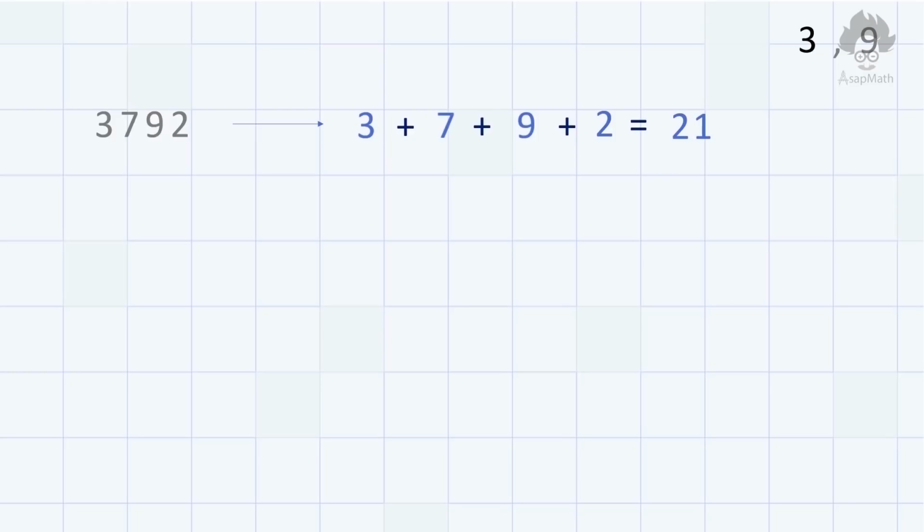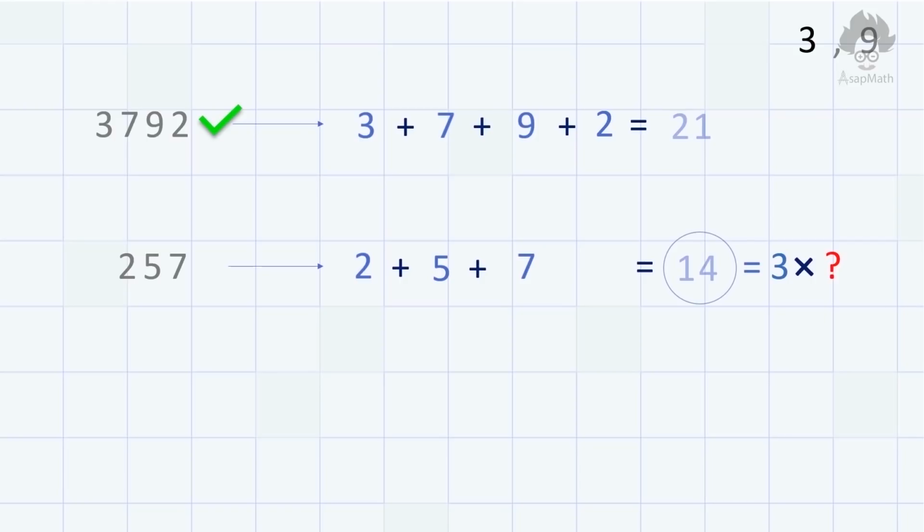Now we have to check whether this is divisible by 3. So it seems okay. Here the digit sum is not divisible by 3. So the whole number is not divisible by 3.